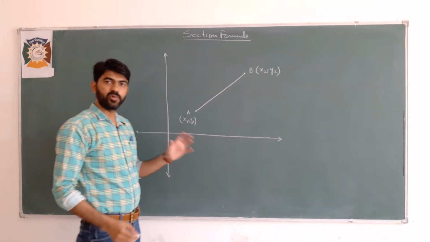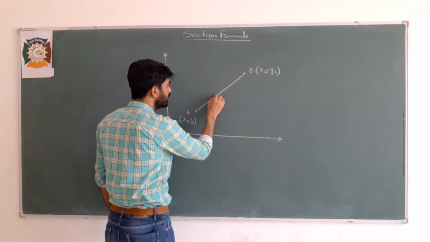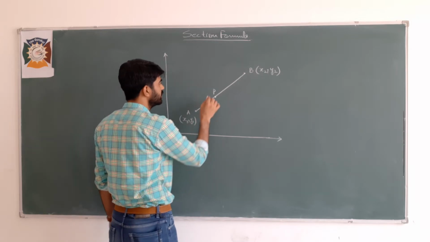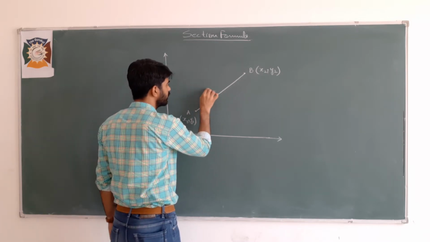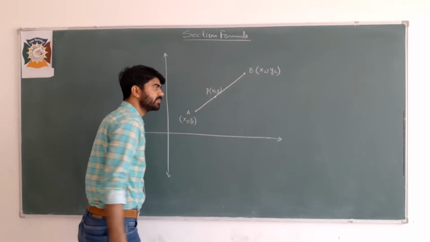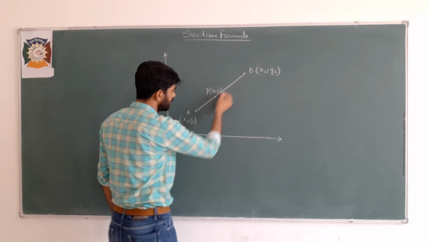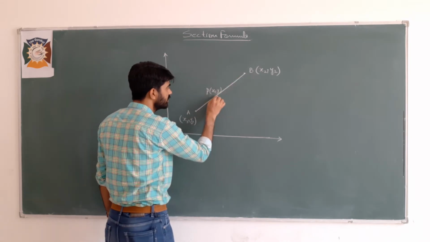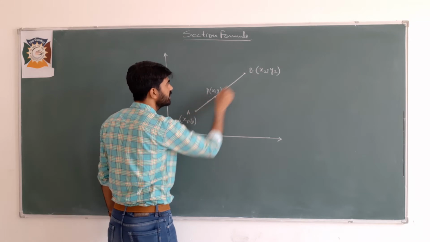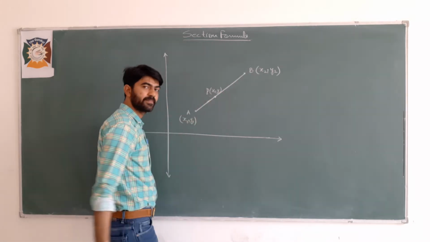Let there be a point P somewhere here, having coordinates x and y, and it divides this line segment AB in these two parts AP and BP.